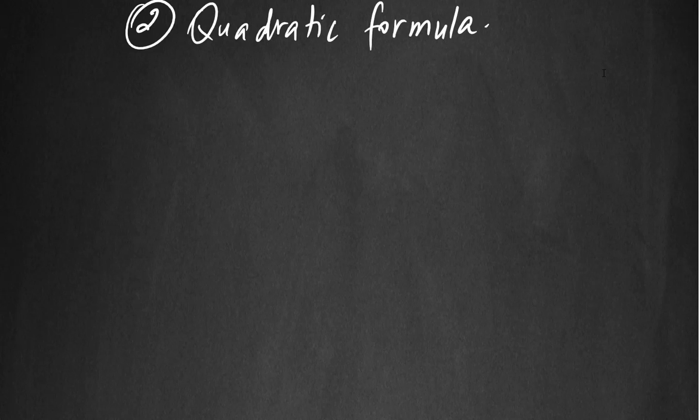In number 2, we are going to use the quadratic formula. Actually, we have already gotten a good result previously. We found a term. That term was b squared minus 4ac. For the quadratic formula, what they do is they call this one delta, the discriminant.